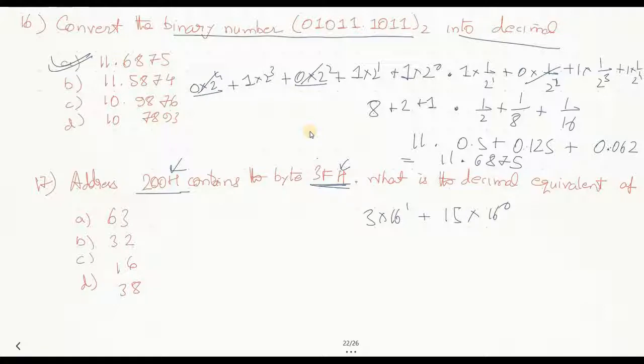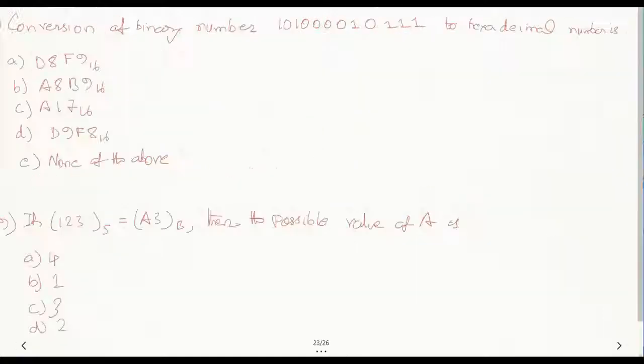So it is 48 plus 15, right? So 3 plus 1 is 4, plus 1 is 5, plus 1 is 6, so the answer will be 63. So A is correct.